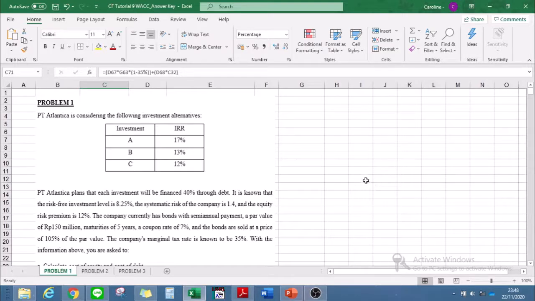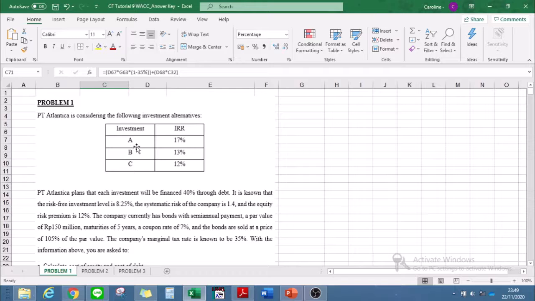Okay, so in this case, because the internal rate of return of investment B and investment C do not exceed the weighted average cost of capital, this means that these two options are not going to be considered further.